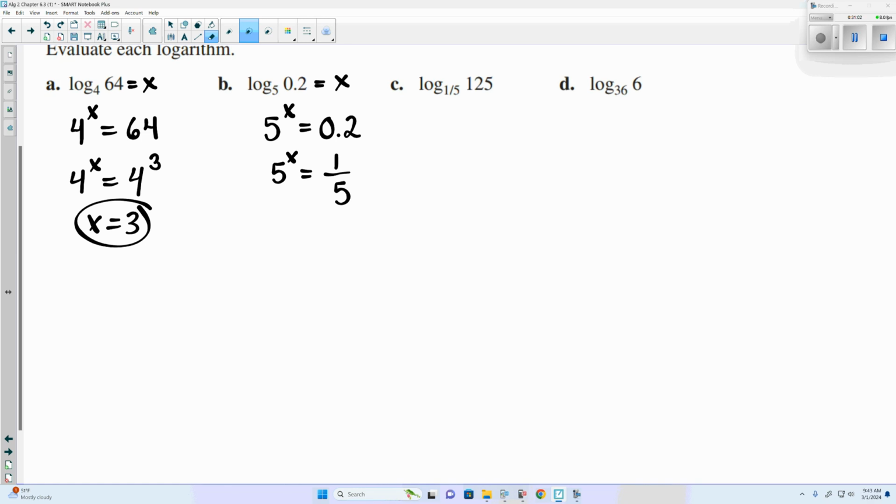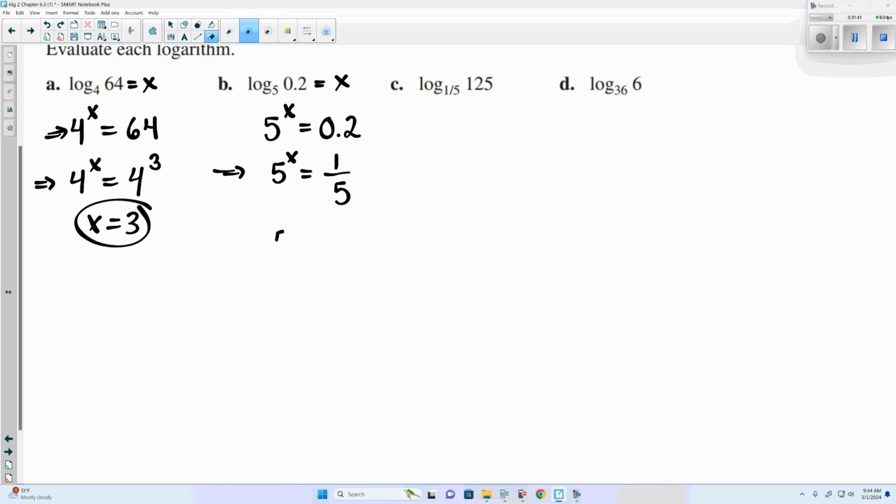Questions on this so far? Because again, I think everything up to this point has had some nice steps from one to the next, yes? This one is not so intuitive, to change it from a decimal to a fraction. And the next step probably won't make a whole lot of sense either unless we look at it. Because here, we had 4 and 64. Well, we got both of the numbers to be 4 to a power, yes? So it would be nice here if we could get 5s, no fractions, just 5, yes?